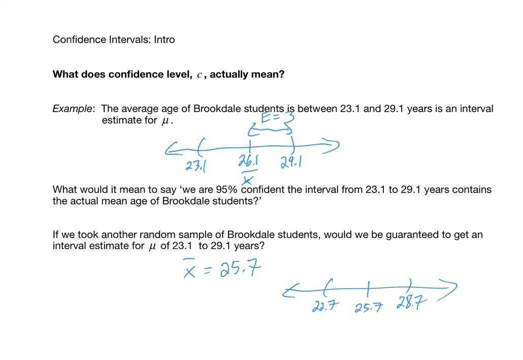This is a different confidence interval than this one is. We are not guaranteed to get the same confidence interval. Now, suppose we did this a bunch of times. You might have a whole bunch of different intervals. So what does it then mean for us to be 95% confident that our interval contains the population mean?